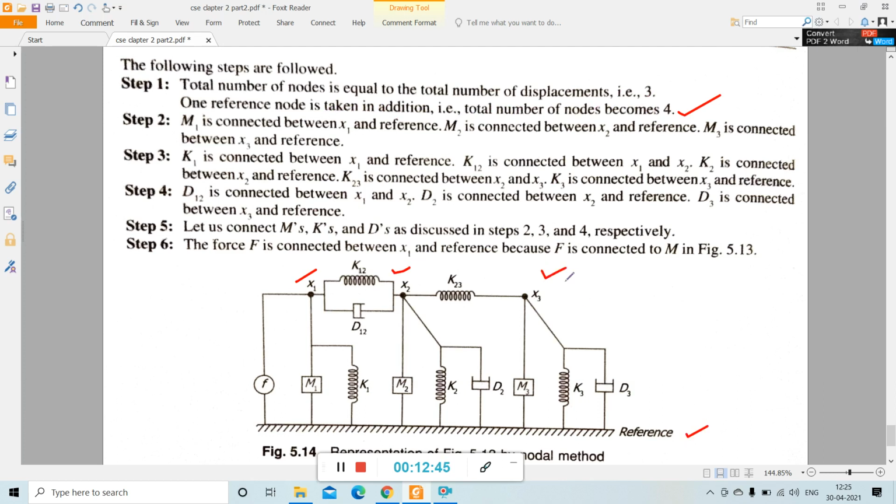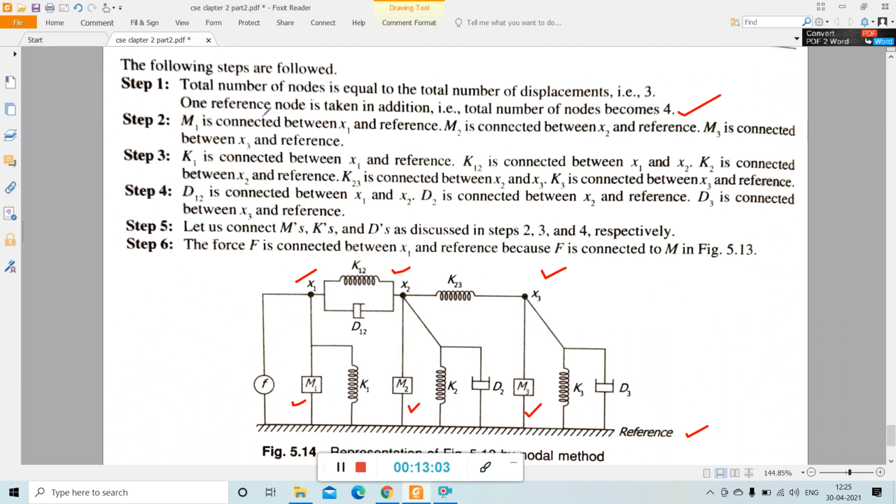Then M1 is connected between x1 and reference. Similarly, M2 is connected between x2 and reference. Similarly, M3 is connected between x3 and reference.